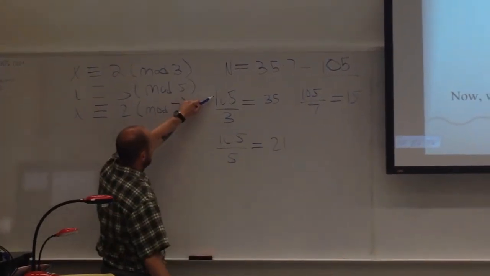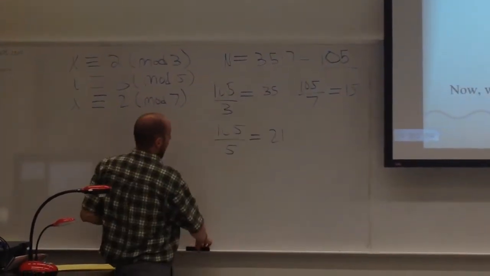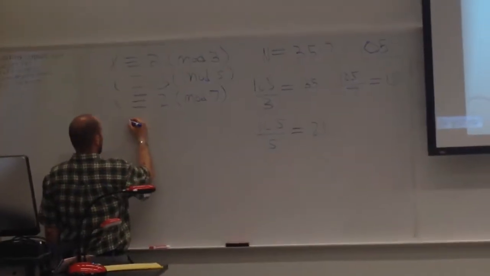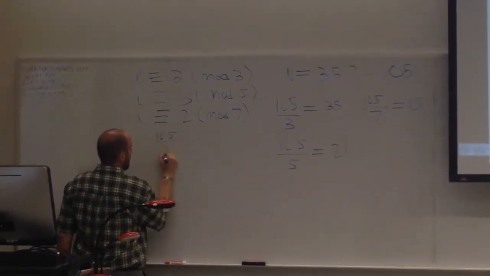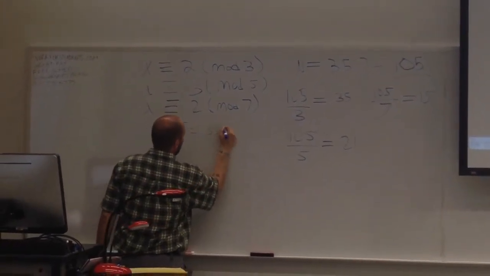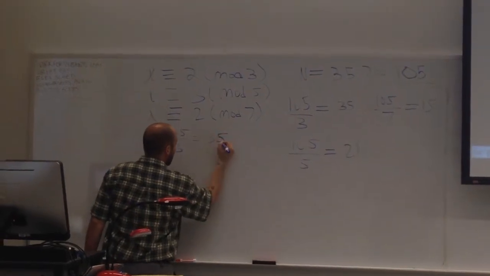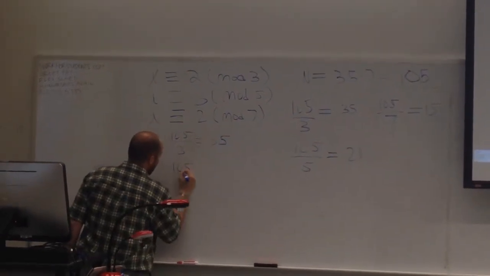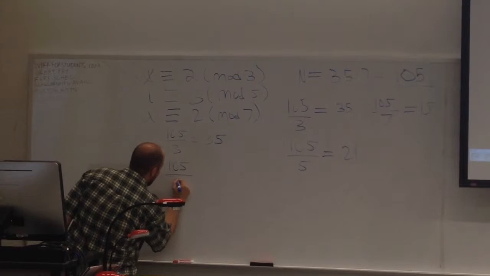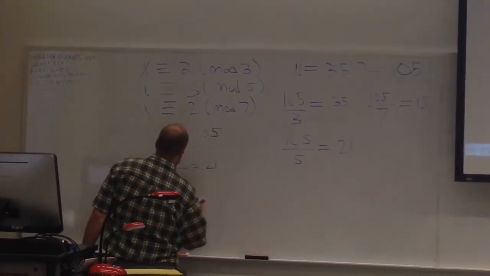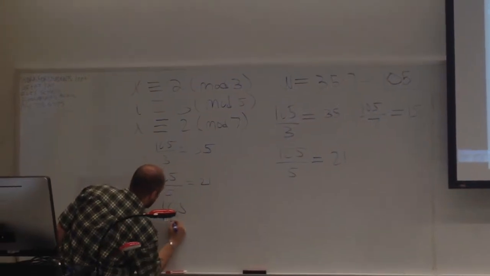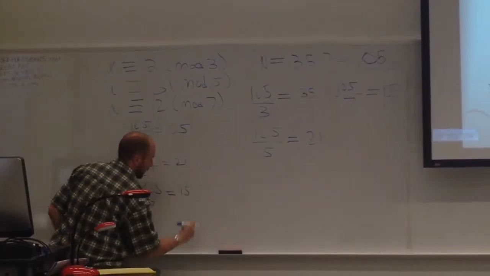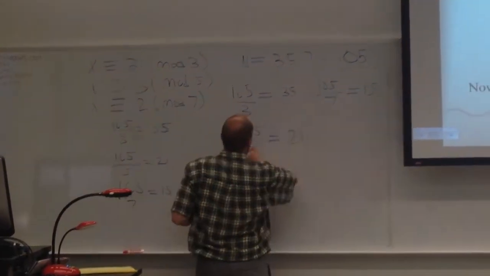Keeping this in mind, I'm going to write this over here real quick: N over 3 equals 35. We've got 105 over 5 equals 21. And we've got 105 over 7 equals 15.